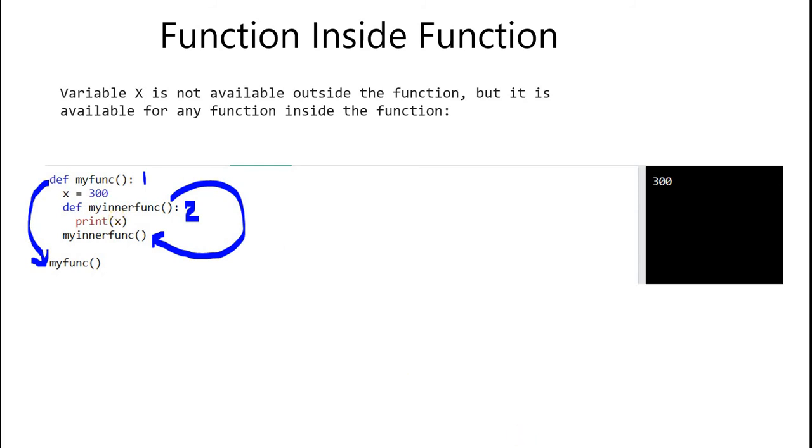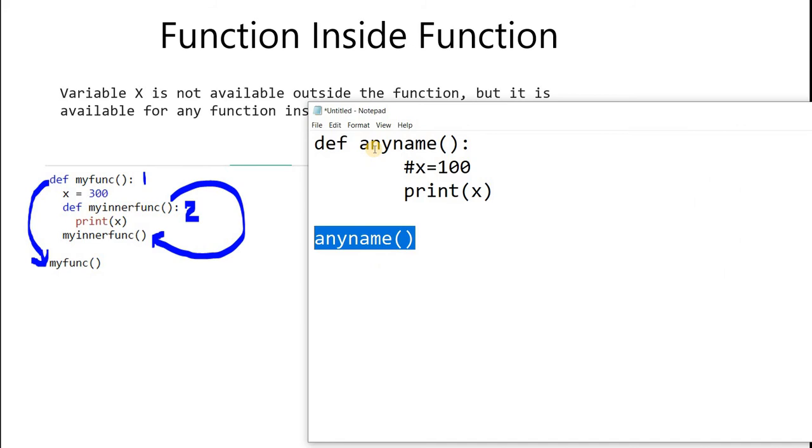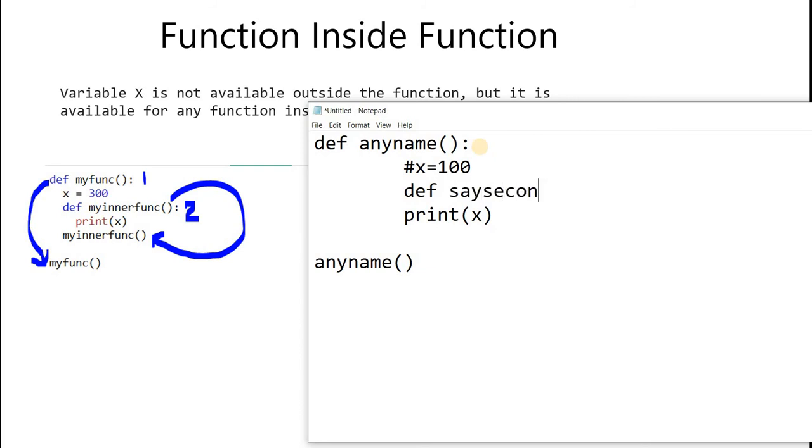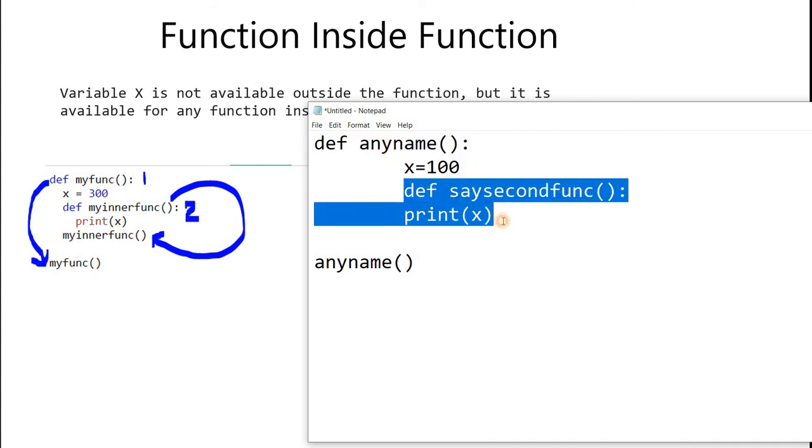Let me explain. Suppose this is any function name, and inside that I am using another function, say second function, right? If I print the value here, as this value is inside this function, the value that is inside the function will be available to the nested function.